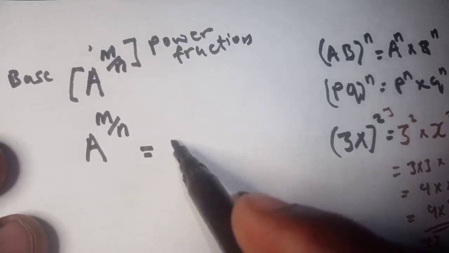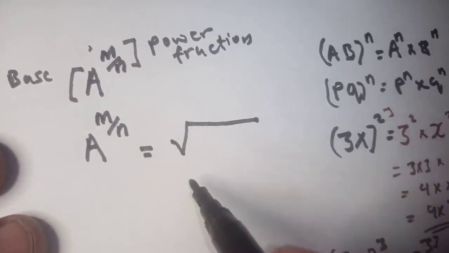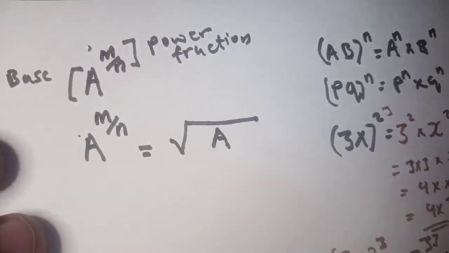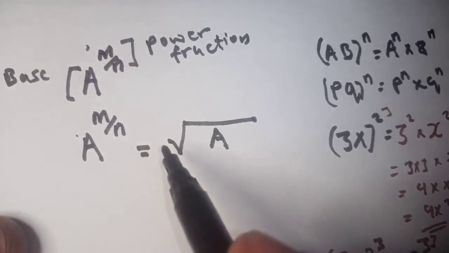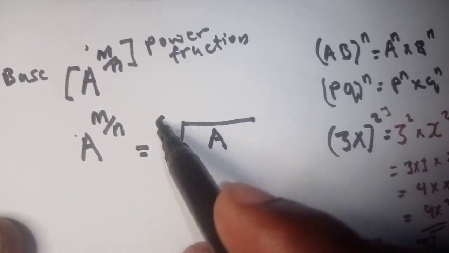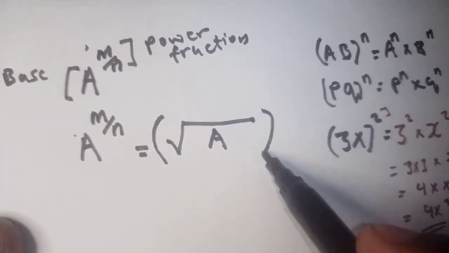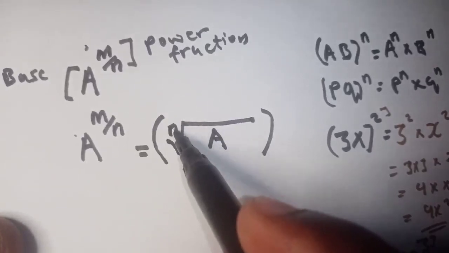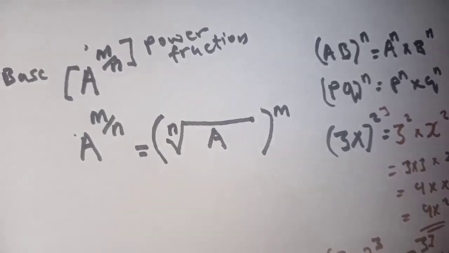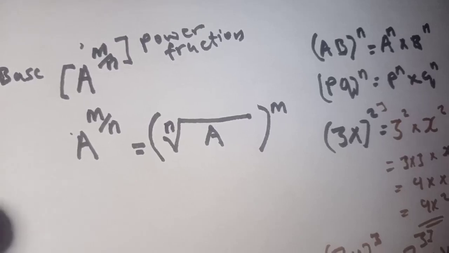We're going to introduce a root sign, then the base goes inside the root. Then for the m, you're going to introduce brackets. So the n comes here, and the m comes here. This is actually the formula whenever you've been given a base that has a fraction as a power.